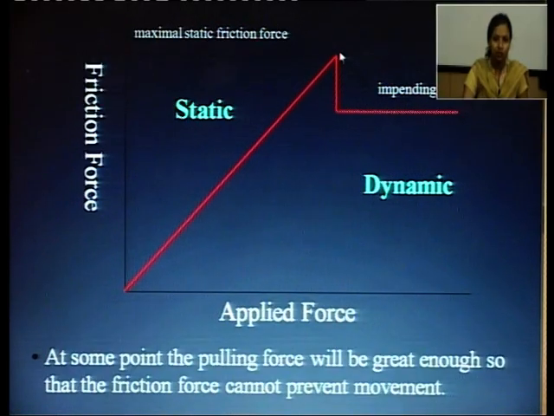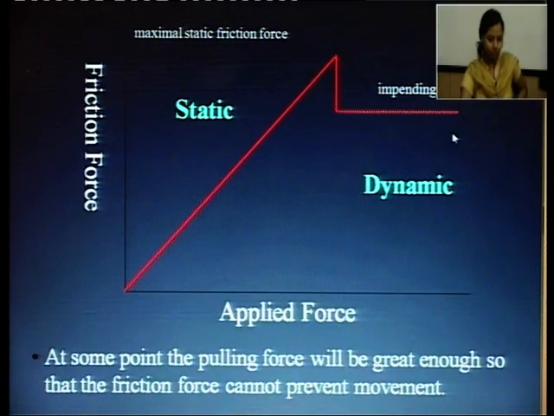Then at this point, the force of friction decreases. The friction which is acting here is called limiting friction. After that, if the body starts moving, then this friction is called dynamic friction.